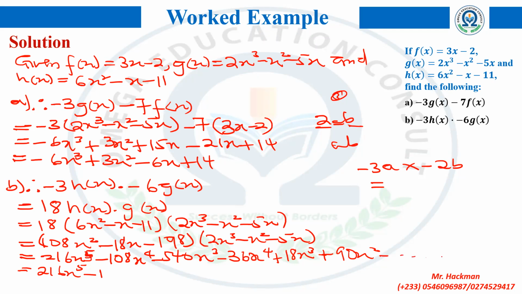Then you continue. The point I wanted to make, from here, as for the algebra, when you use your normal situation, almost all of you, if not all of you, had it right. Only that none of you multiplied the numerical coefficient first before coming to deal with the functions. That is what is expected of you to do.